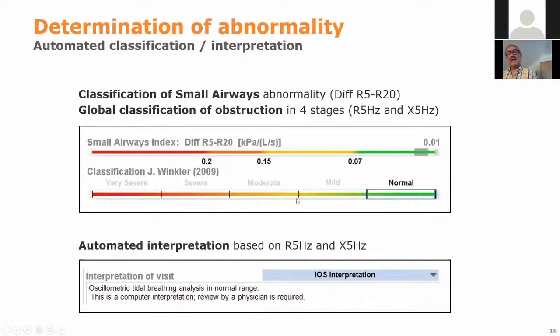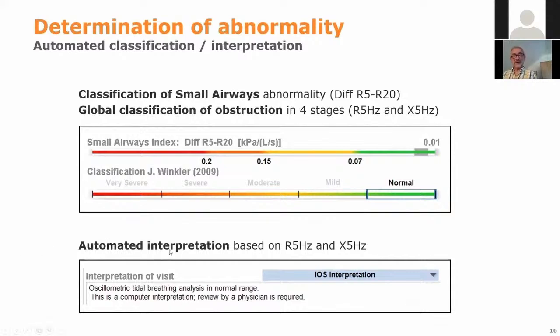That's classification based on predicted values, which are implemented and automatically provided by the system. And you have a small airways index, which gives you information about the degree of disability of the small airways. That's automatically generated by the system.